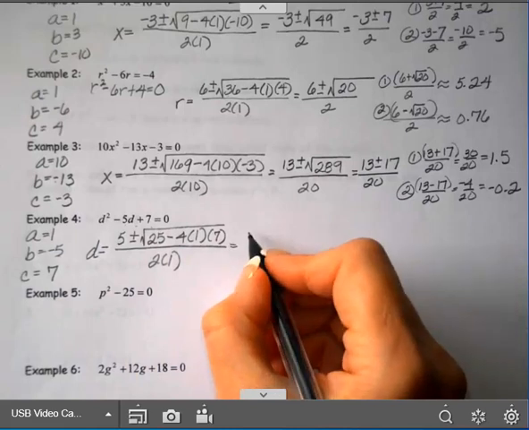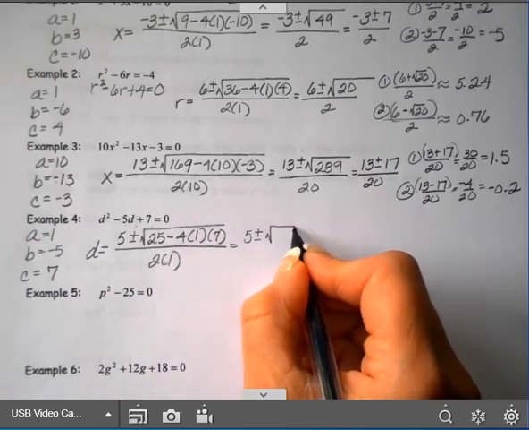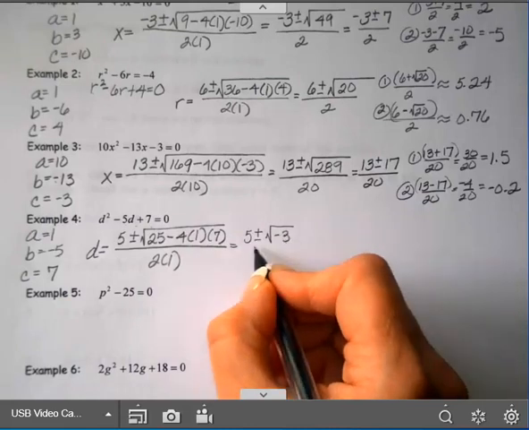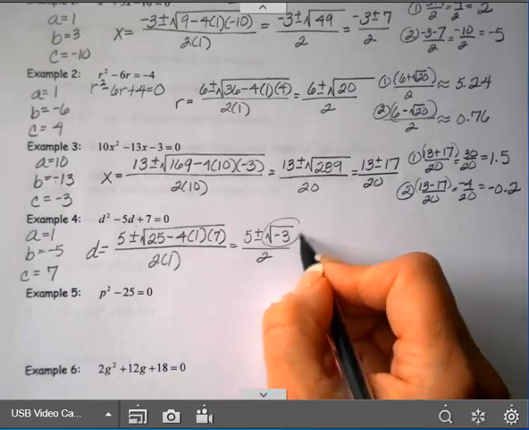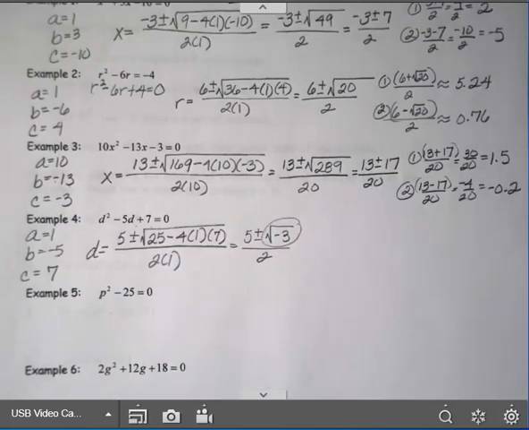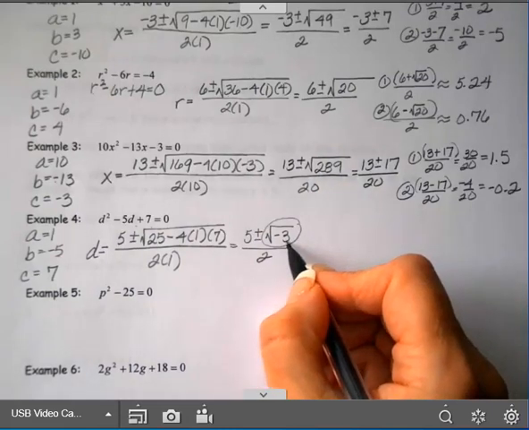And then I get 5 plus or minus, and when I simplify that, I get the square root of -3. There is no real solution for the square root of -3. You cannot take the square root of a negative and get a real number.